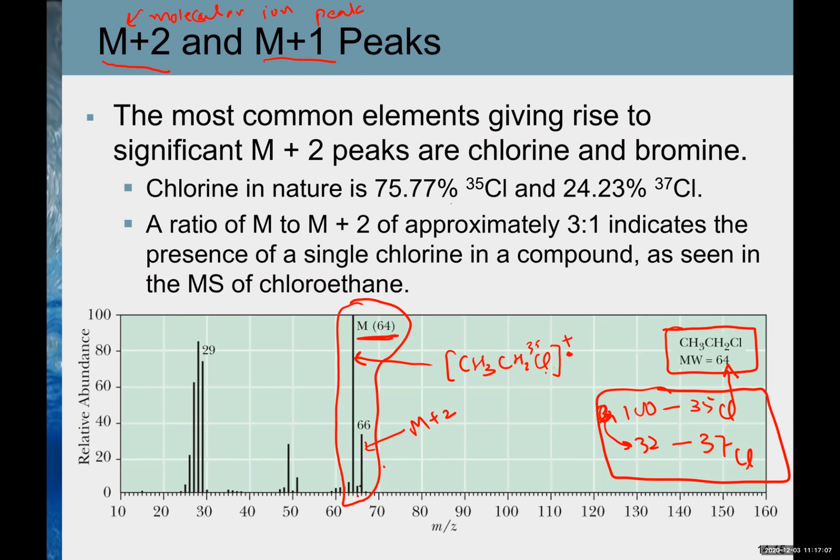The normal peak or molecular ion peak is at 64, which is the molecular mass of chloroethane. And 66 is the molecular mass of chloroethane in which chlorine is replaced by heavier chlorine, or 37. Do you see any peak in between these two also?